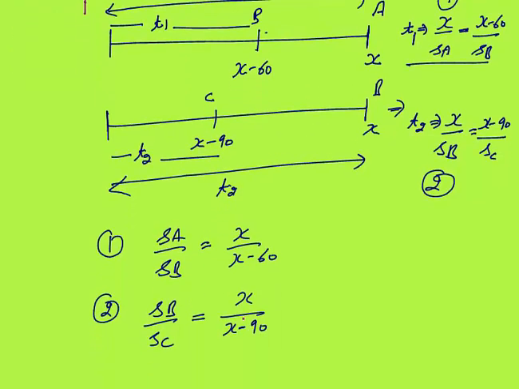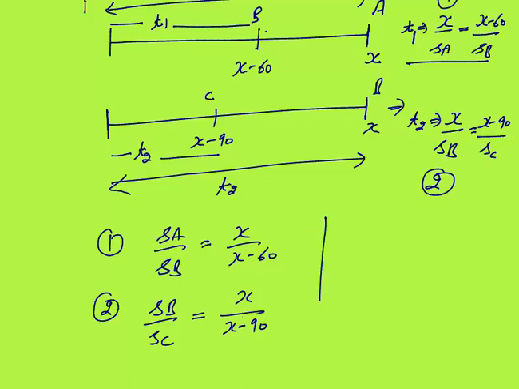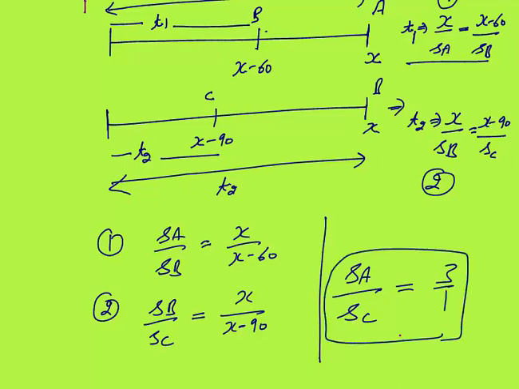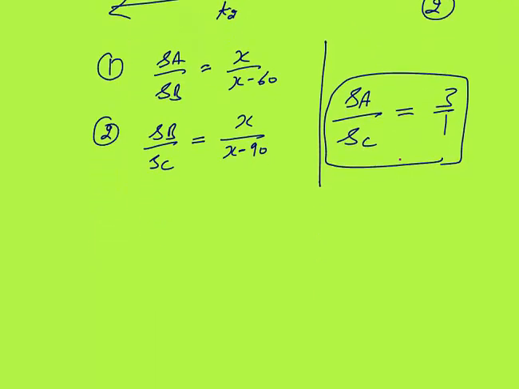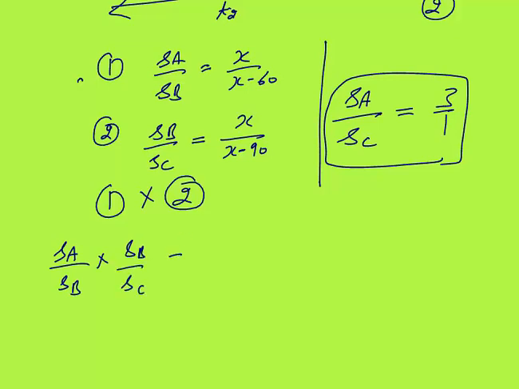It is given that A is thrice as fast as C, so speed SA upon SC is 3:1. Now how to reach it? If I multiply equation 1 into 2, SA upon SB into SB upon SC, what will I get? x upon x minus 60 into x upon x minus 90.